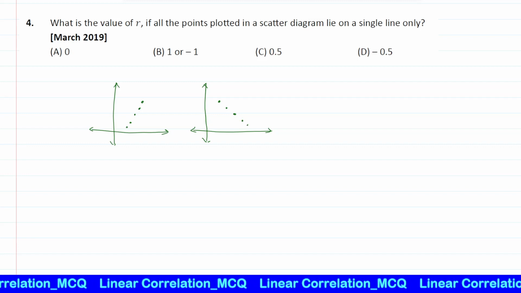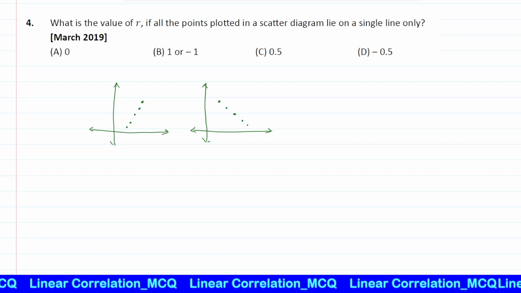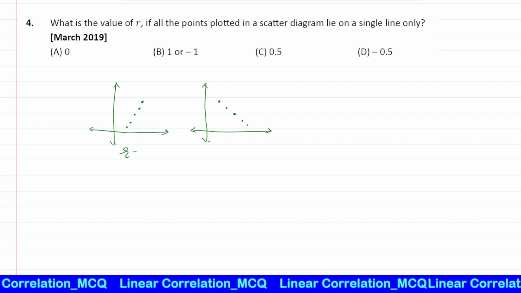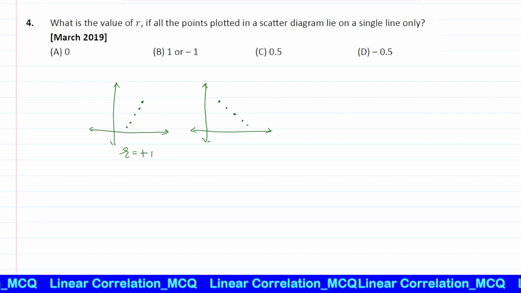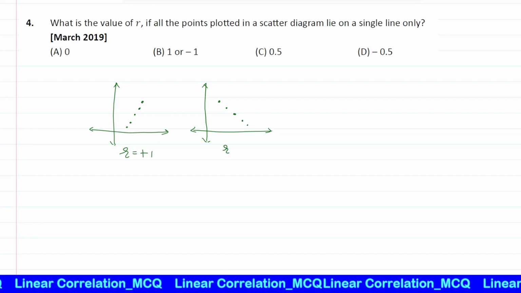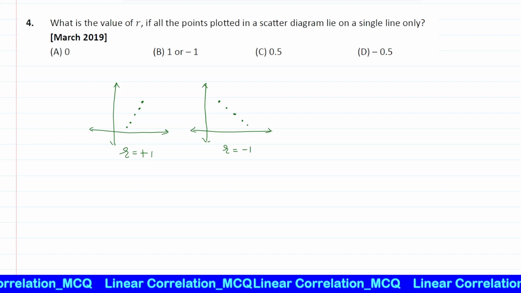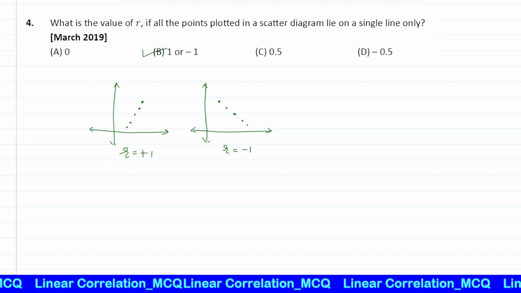So in this case, correlation may be perfect positive or perfect negative. If correlation is perfect positive, then correlation coefficient equals +1, and if perfect negative, then r equals -1. So option B is correct option, 1 or -1.